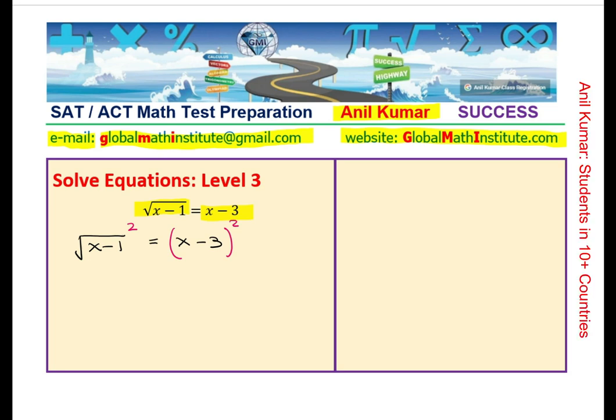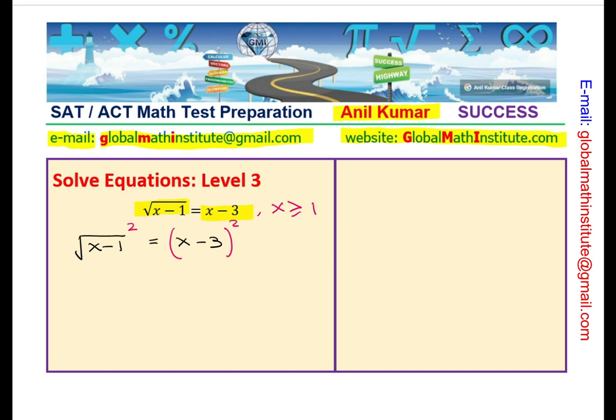One more thing you can see here is that the square root of x minus 1 means x has to be greater than or equal to 1. So putting a restriction right in the beginning also helps you understand whether the solution is within the required domain or not, whether it is extraneous or not.